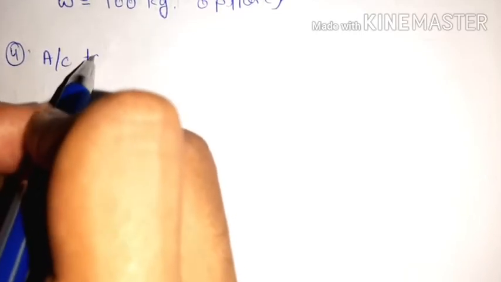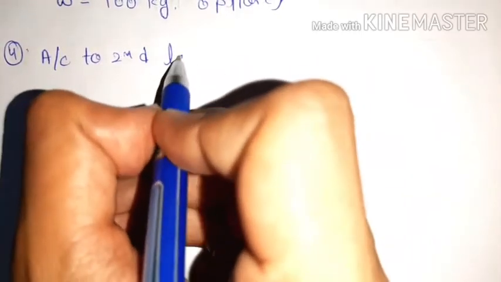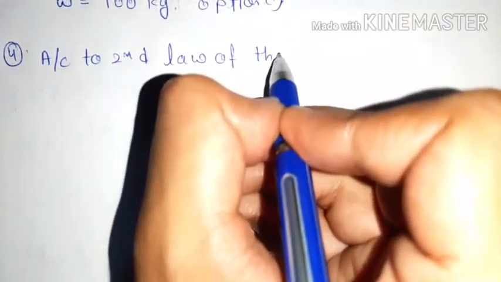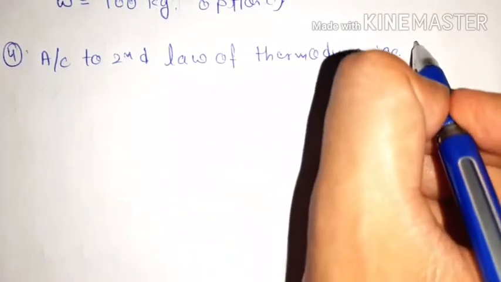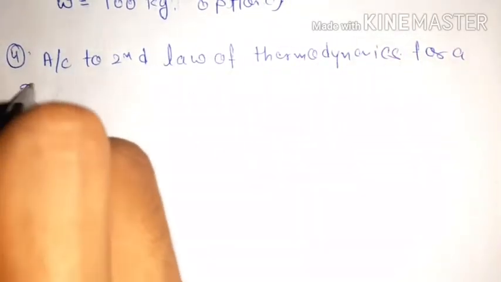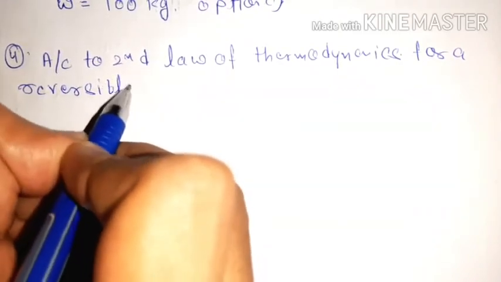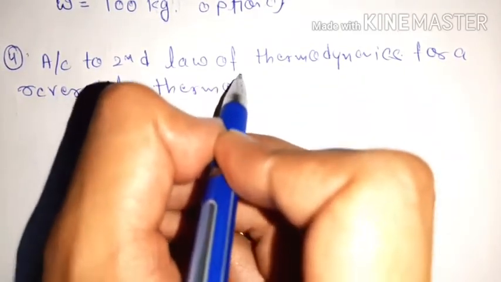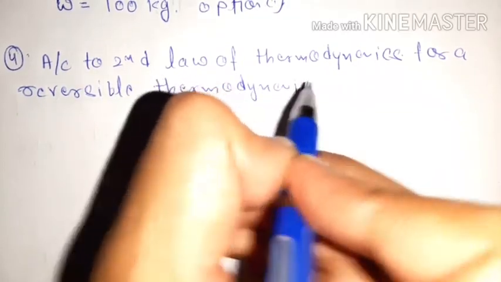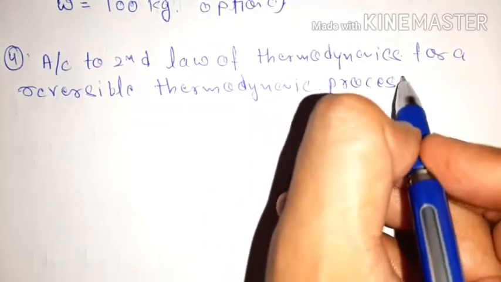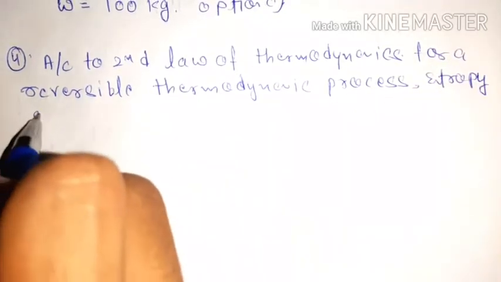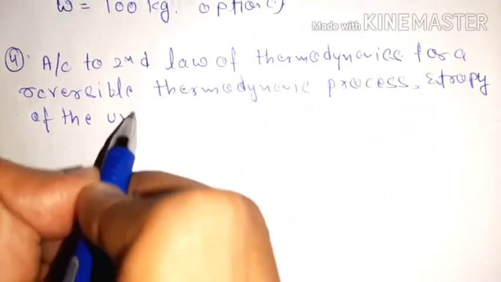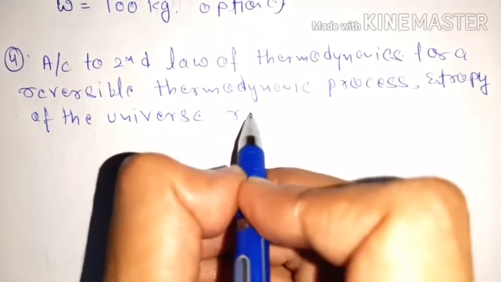Okay, so according to the second law of thermodynamics, for a reversible thermodynamic process, the entropy of the universe remains constant.